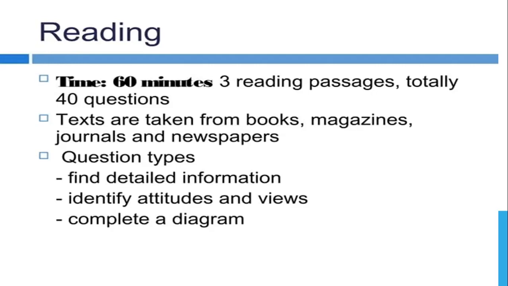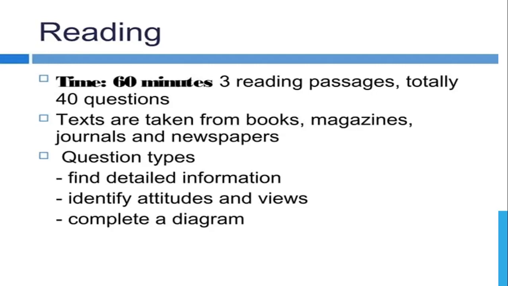But one thing is very important: from your reading question booklet, you can judge what types of articles these are, okay? So when you judge the types, try to read these types of articles in books or magazines or journals. Question types: find details, information, identify attitude and views, complete a diagram.